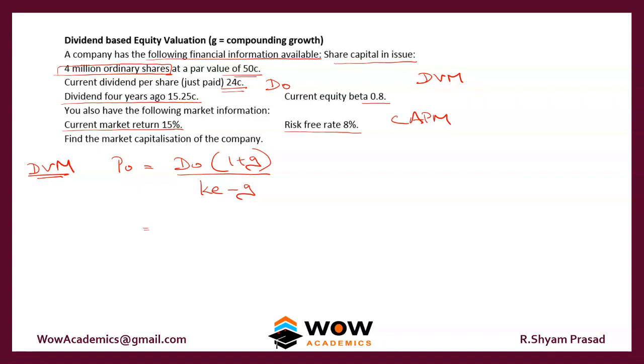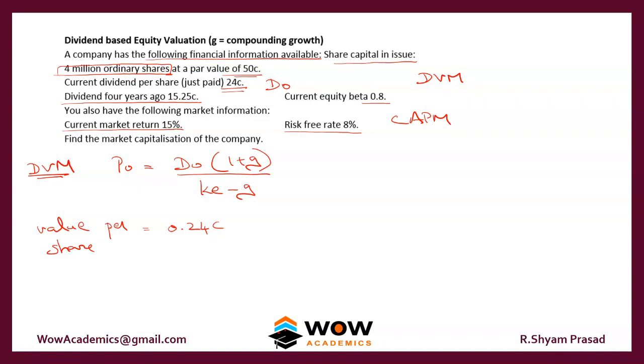We have D0, which is 24 cents. If we use 24 cents, then what we get is the value per share. We won't get the total company value, we'll only get the value per share.